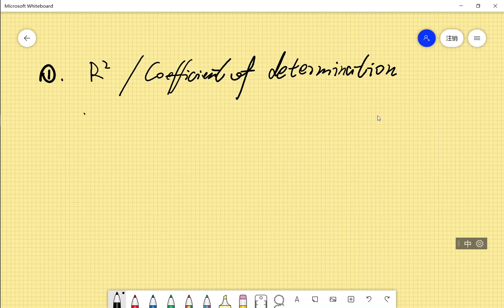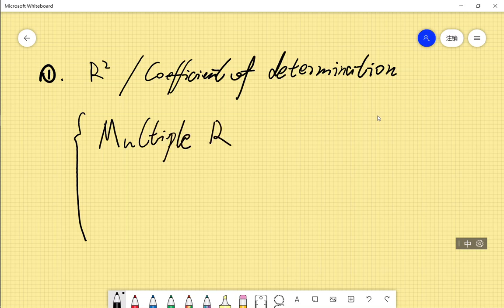One thing you can easily get confused is the difference between multiple R and R square. So if you encounter a problem like this, and you see a multiple R and R square, or something like the multiple R square, you should know the difference.